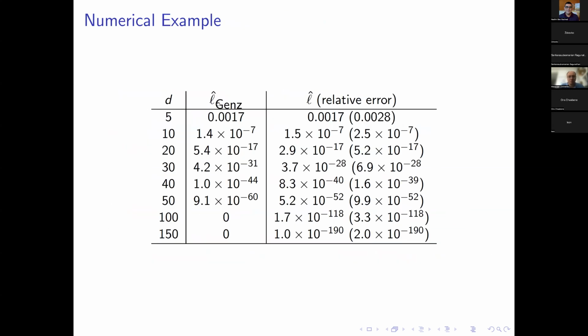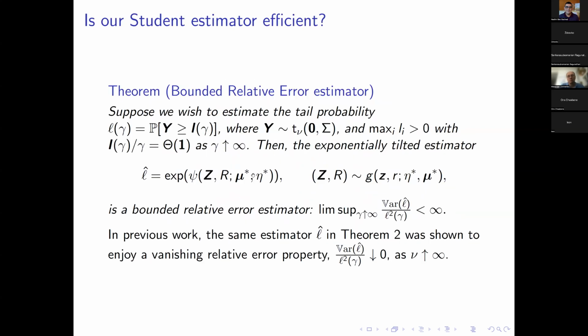So here's a numerical example of the benefits of using the traditional estimator versus the importance sampling estimator. By the Gens estimator, I mean an estimator in which mu star is arbitrarily set to 0.